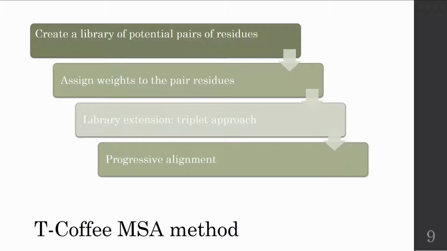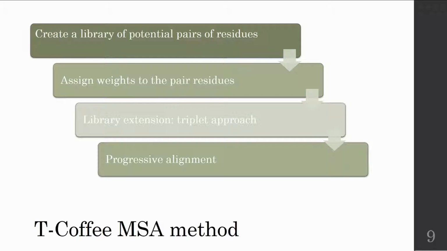And when these are weighted, they will be combined. And if you have any duplicates, the weights of both these pairs will then be added together, giving you pair residues that are more commonly aligned, that these are then weighted higher.